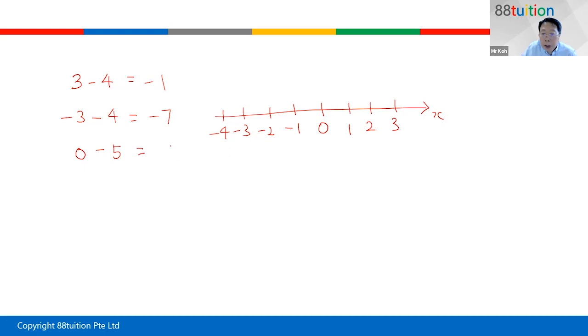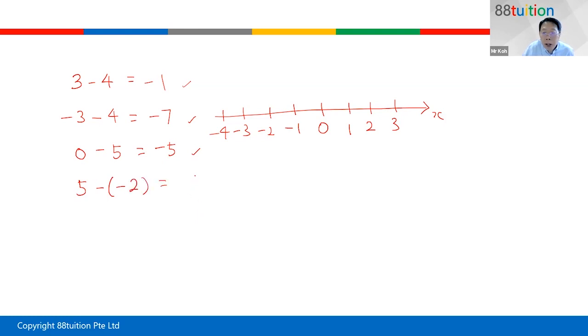And what would that be? Unlock. -5. Okay, very good. So this one, no issue. All of you done very well. Now I go on to a different one. Okay, so what happens if I have 5 minus 2?